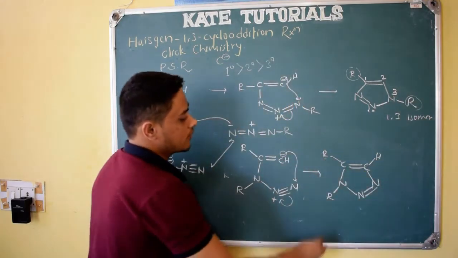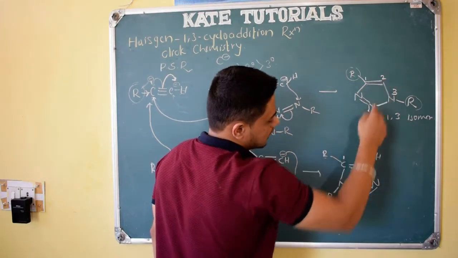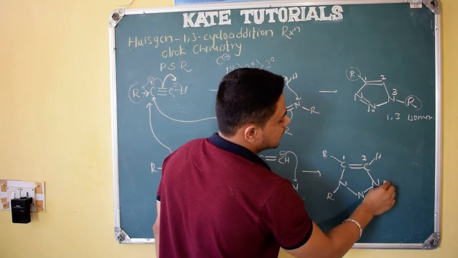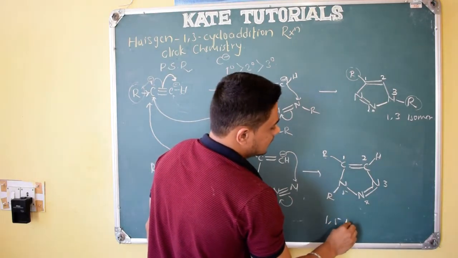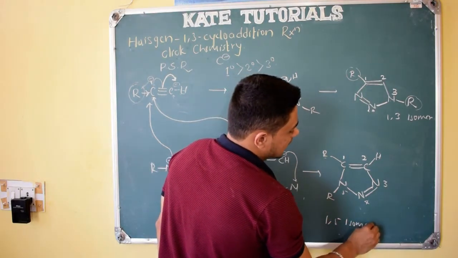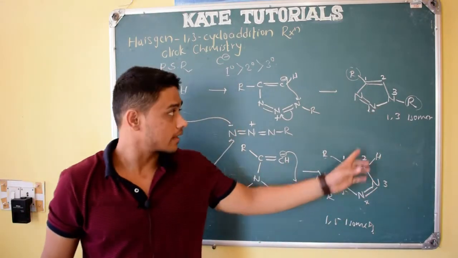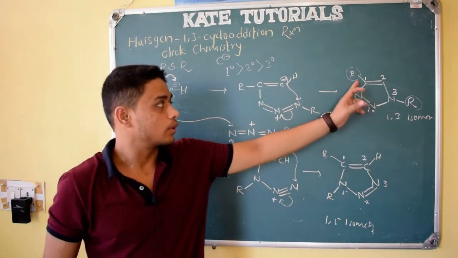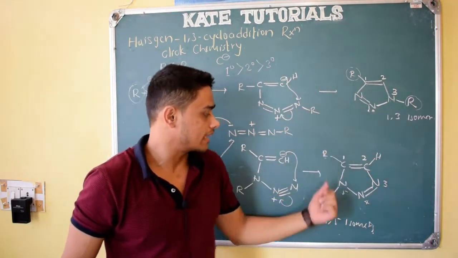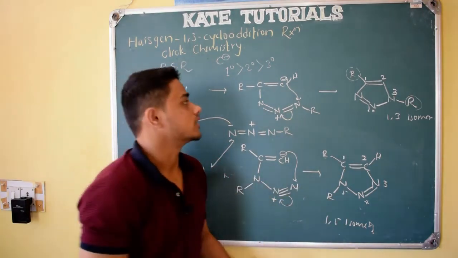If I mention here 1, second position 2, here also I have to mention 2, 3, 4, 5. So this is nothing but the 1,5 isomer. These are called regioisomers because both have the same molecular formula. If you write the molecular formula, you will get the same one, but only the position of the R group has varied, from 3 to 5 it has come.